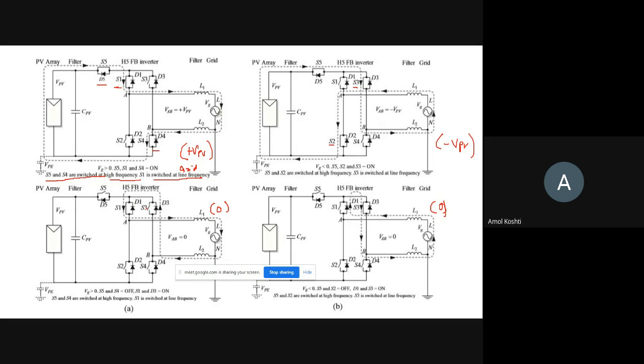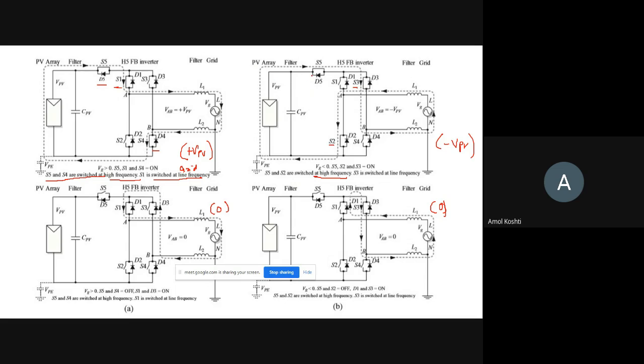Here no S3 will be on; the diode D3 is on, so there is no switching. But for the negative half, S5 is on again and switched at the high frequency. Because of the switching of these switches, frequent switching will be there.